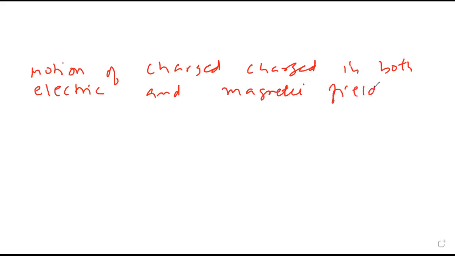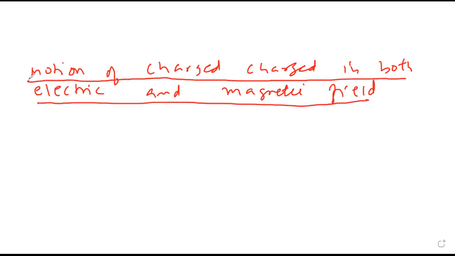The electric field gives the force qE, we did in the chapter called electrostatics. The magnetic field gives q v bar cross B bar, just now we did before this topic.